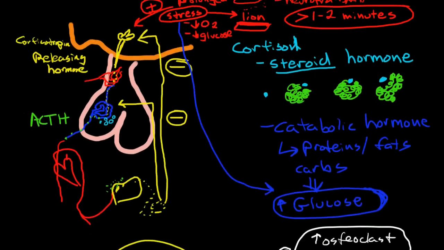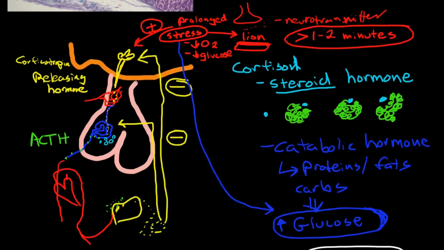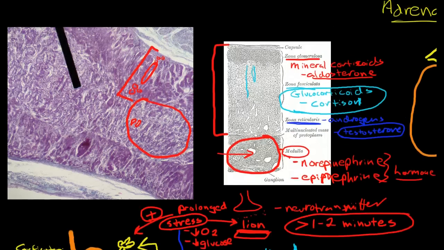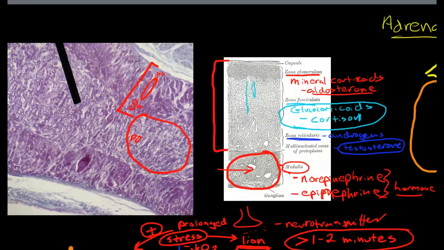Okay, moving back up here to our first picture, I wanted to talk about the adrenal medulla a little bit. So we are going to focus on the norepinephrine and epinephrine hormones. Now, these cells in the adrenal medulla are called pheochromocytes.